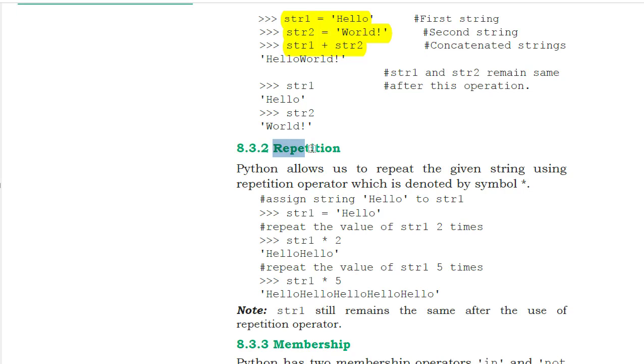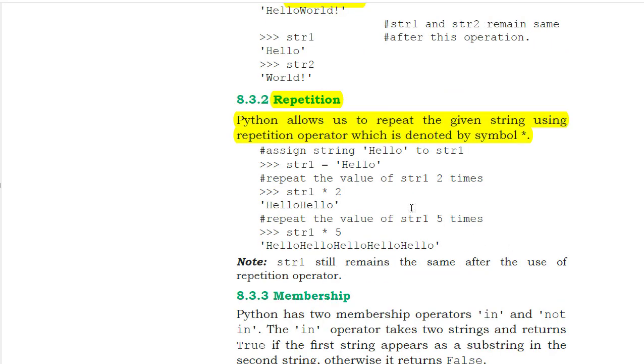Now repetition. What is repetition? Python allows us to repeat the given string using the repetition operator, which is denoted by the asterisk symbol. Assign string "hello" to string1. Repeat the value of string1 2 times: string1 * 2.